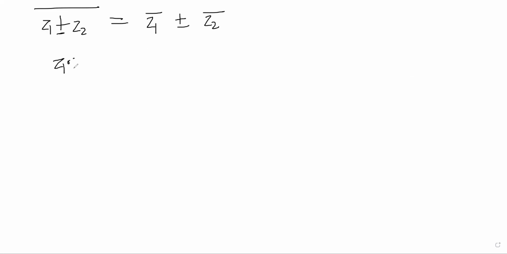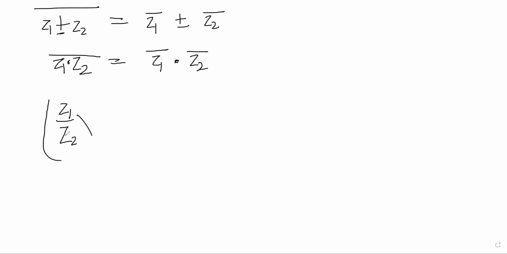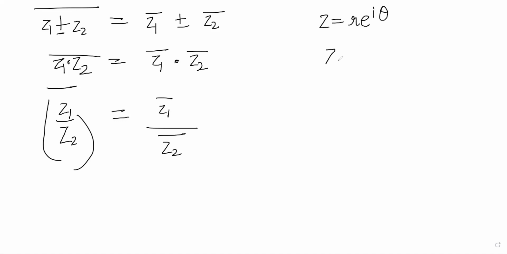For Z1 into Z2, the conjugate is Z1 conjugate into Z2 conjugate. Similarly for Z1 by Z2, the conjugate is Z1 conjugate by Z2 conjugate. If Z is equal to r e^(i theta), Z conjugate is r e^(minus i theta).